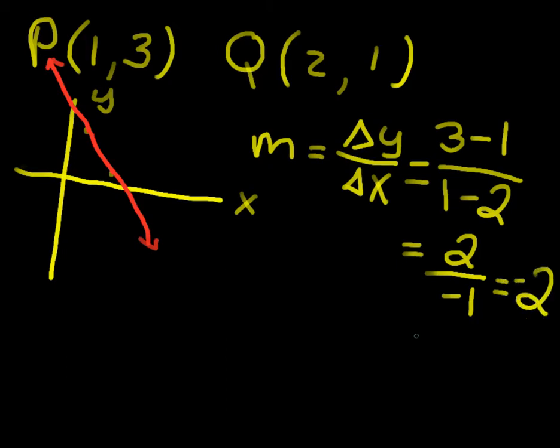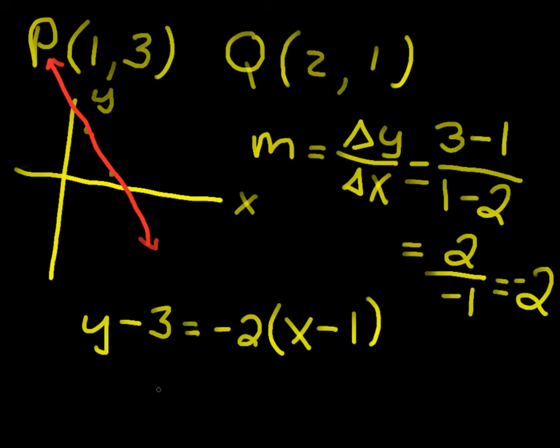So now I know my slope. And a perfectly good equation of this line would be y minus 3 is equal to negative 2 times x minus 1. Notice I use the point P to fill in my y1 and x1 from the point-slope form, and here's my slope.